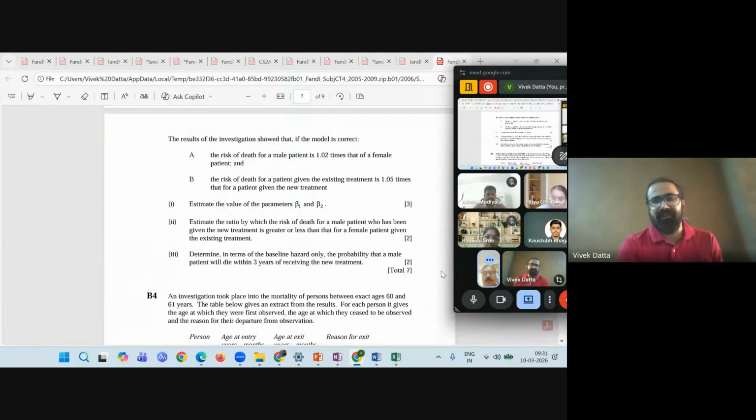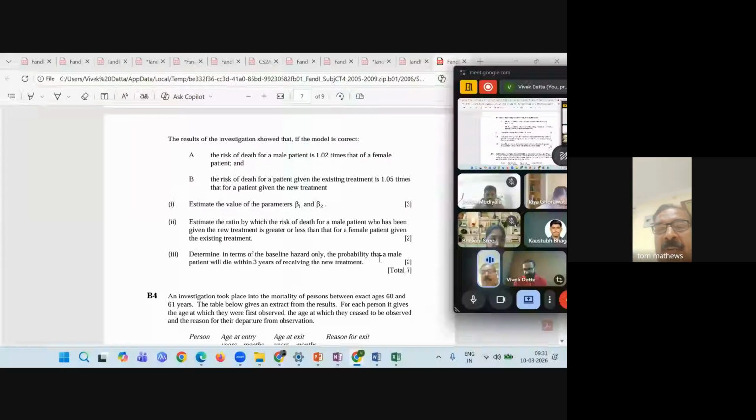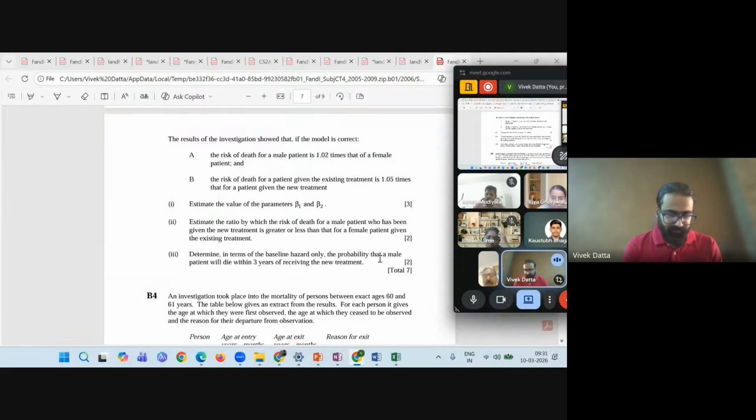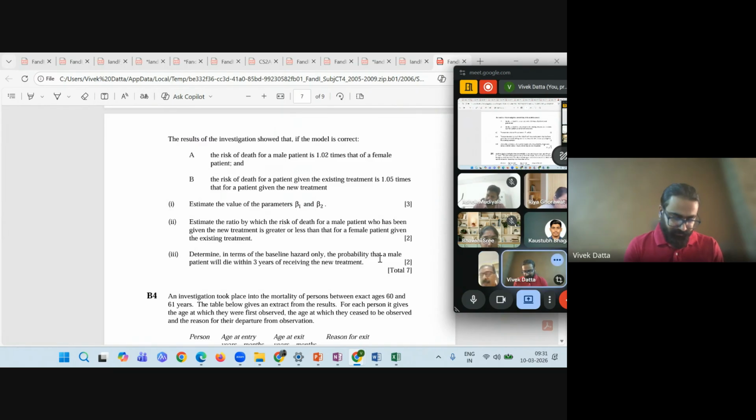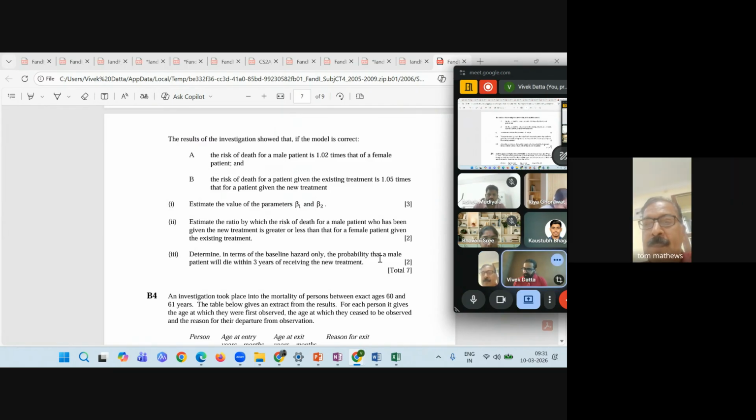Yes, that's correct. Do the second and third part. Hazard ratio is 0.97. Okay, that's also correct. And third is 1 minus e raised to 0.9 into 0.97, baseline, 1 minus baseline into 0.97. Correct.